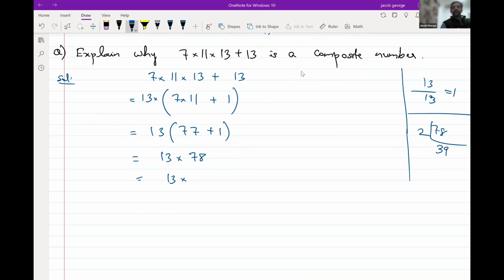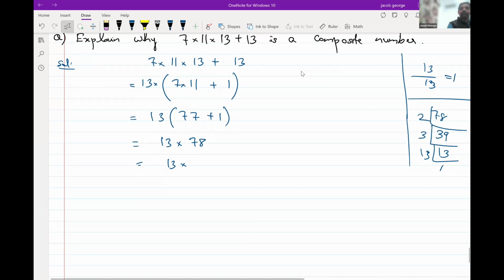And what do you get? 39, right? 3 2s are 6, then 9 2s are 18. Then again 39 is divisible by 3. So how much we get? 13. So then 13, 1. That means we got 13 into 2 into 3 into 13, or it is 2 into 3 into 13 square, right?